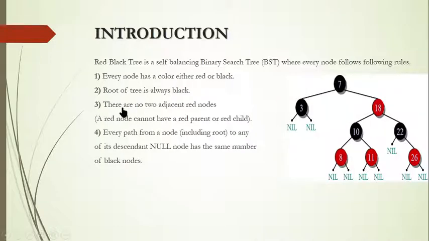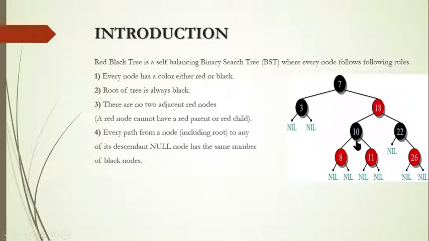Third point, there are no two adjacent red nodes. When you see here, 18 is a parent node, where a parent node has two children. So these are the adjacent nodes for 18. So these two adjacent nodes should never carry red color. It should be in black color.